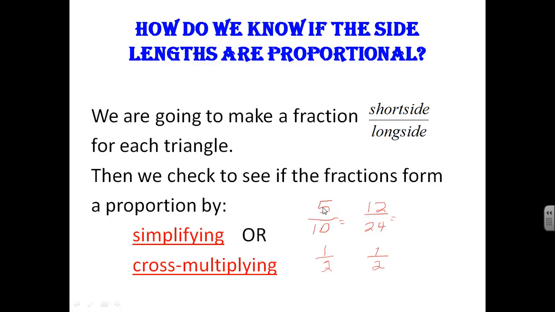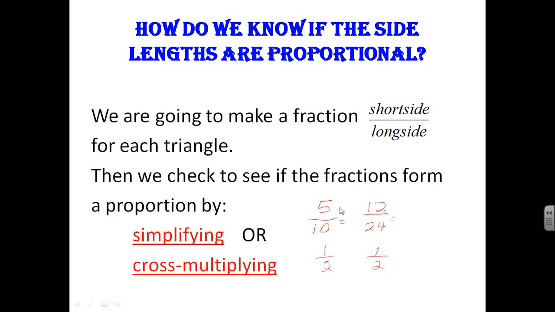If you look at a fraction and the numerator is half the denominator, then it automatically simplifies to 1/2. So since we know that 12 is half of 24, that automatically simplifies to 1/2.